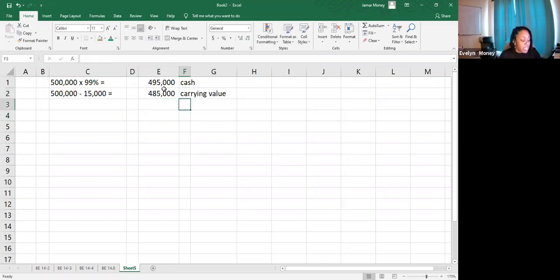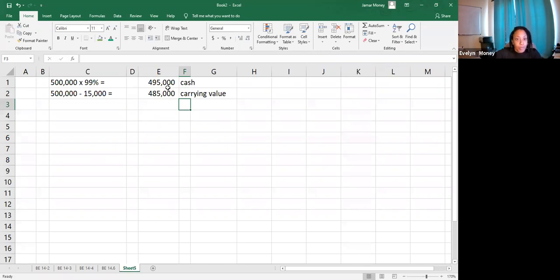Now, I wanted you to do it this way so that you can really do your common sense check. And your common sense check says this: if I'm saying these bonds are worth $485,000, but I am paying the bondholders $495,000, I'm giving them more money than what I'm saying it's worth.